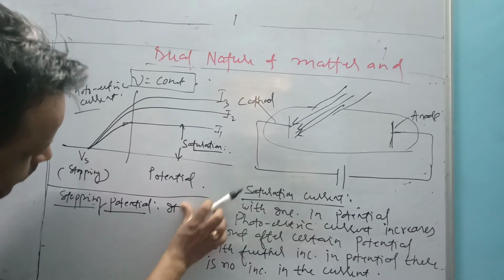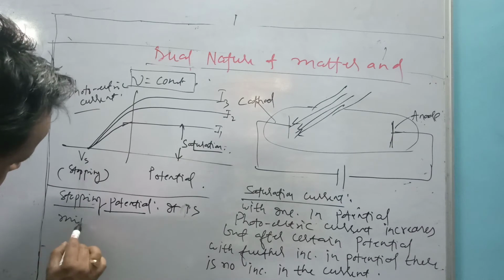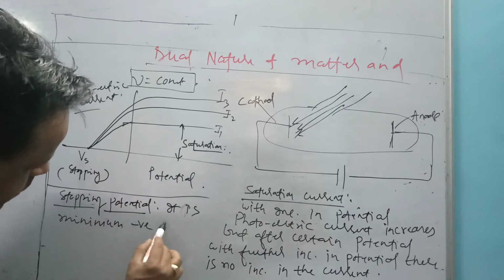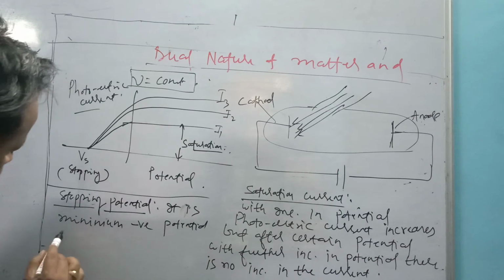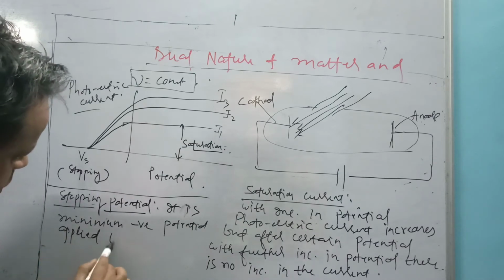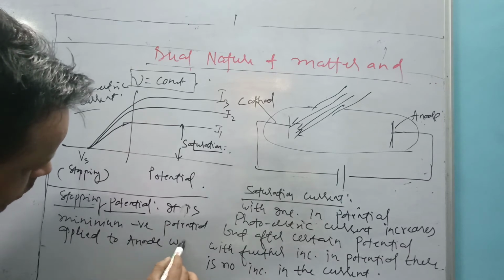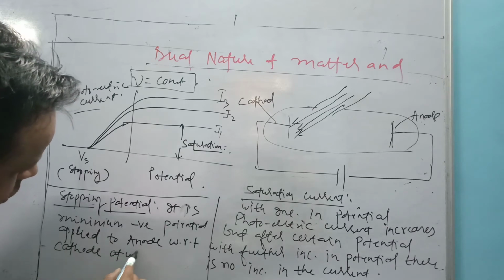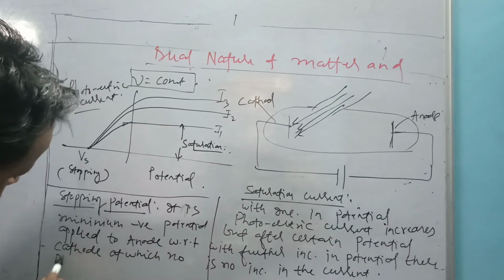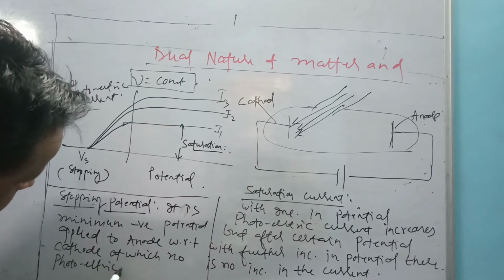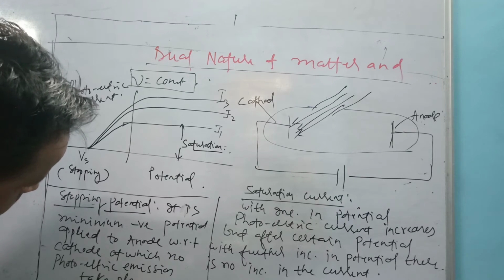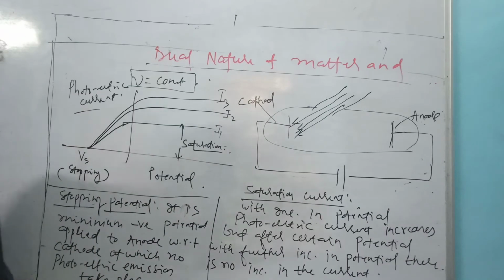It is the minimum negative potential applied to anode with respect to cathode, at which no photoelectric emission takes place. See, this is called the stopping potential.